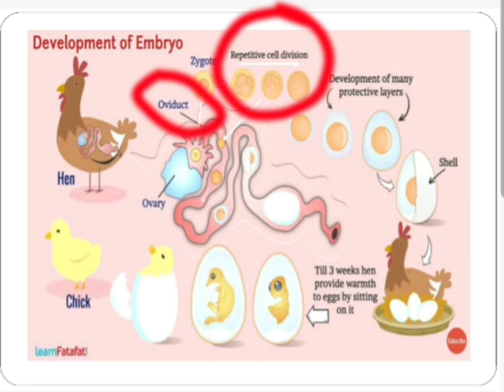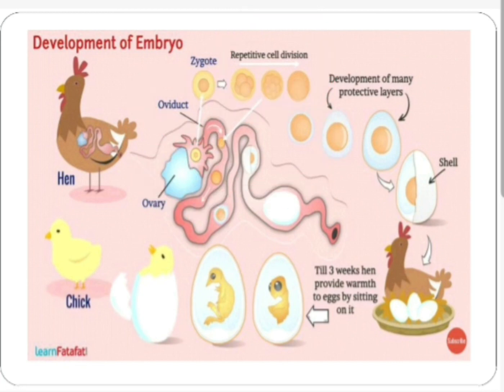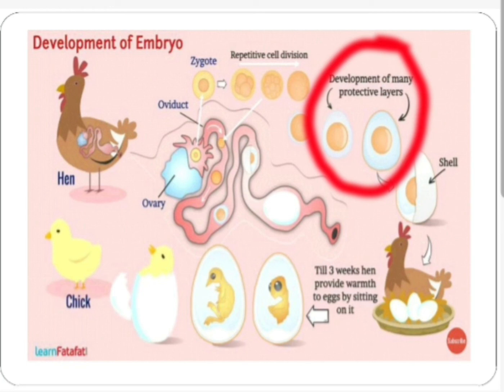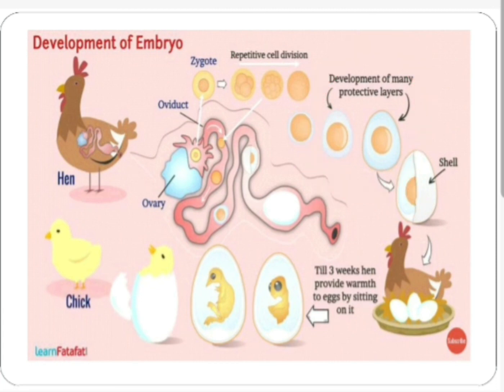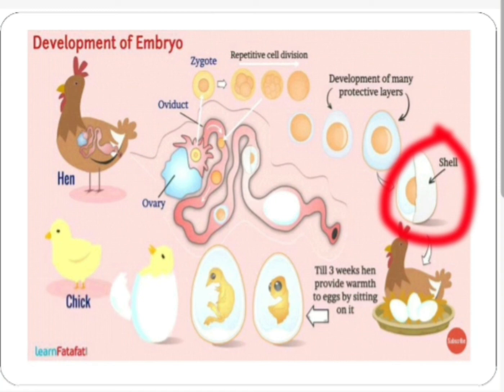As it travels down, many protective layers are formed around it. The hard shell that you see in hen's egg is one such protective layer. After the hard shell is formed around the developing embryo, the hen finally lays eggs.